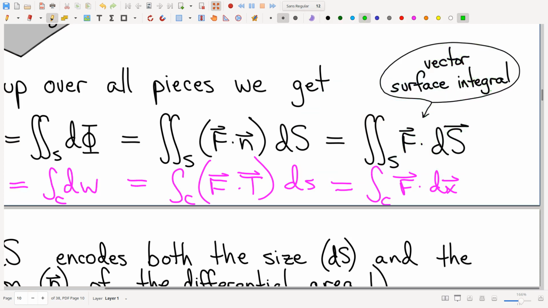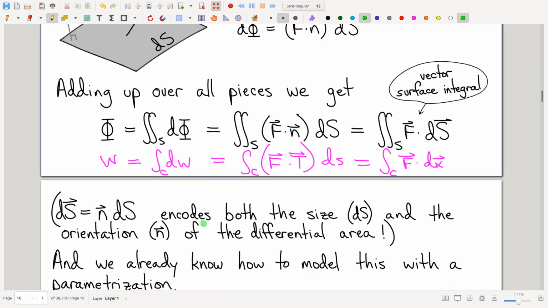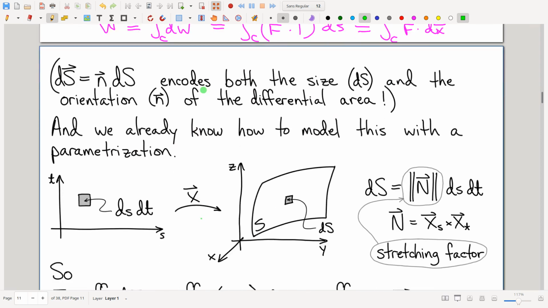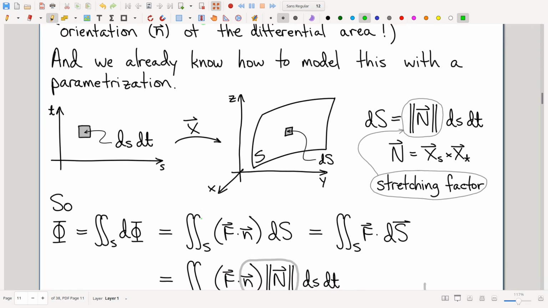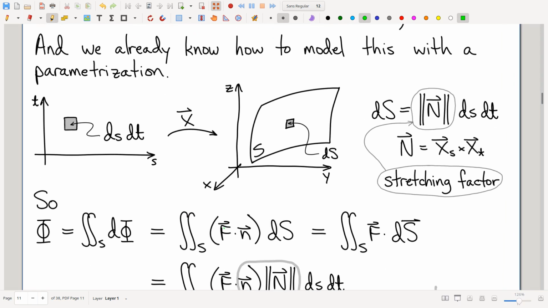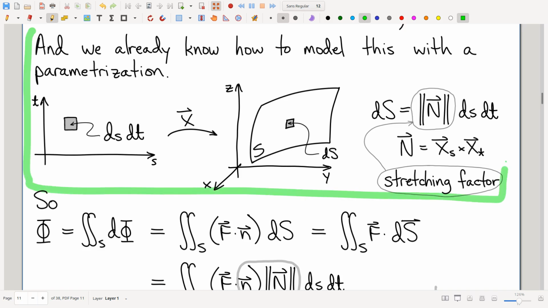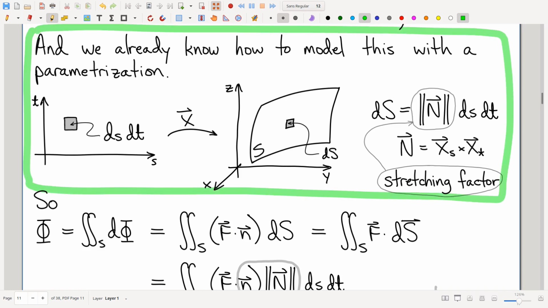All right. So how are we going to compute these things? Good news. We already have all the parts. We just have to fit them together. So most of what I have on the page here is stuff we already know. There's really nothing new on the screen right now. All of this is previous development of various players involved in parametrizing a surface.